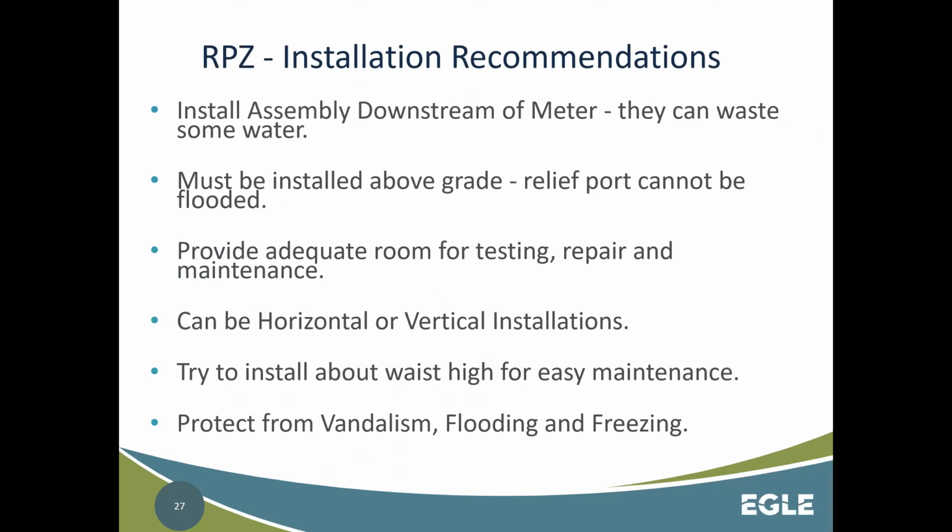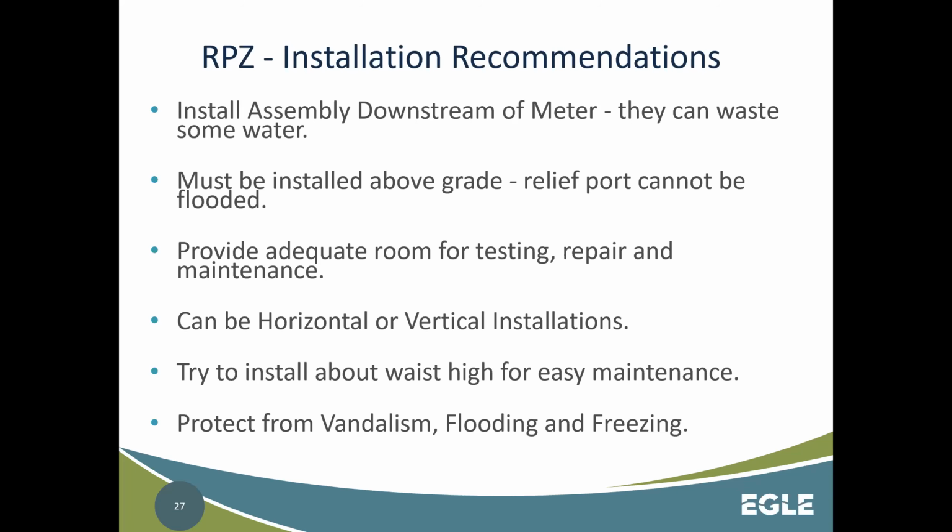All right. So some installation recommendations is they should always be downstream from the meter. Because I told you, as these come into service, they dump water, right? Well, should the city be footing the bill for some dumped water? No, probably not. So we recommend they be installed downstream of the meter. They must be installed above the flood area or above grade, okay?